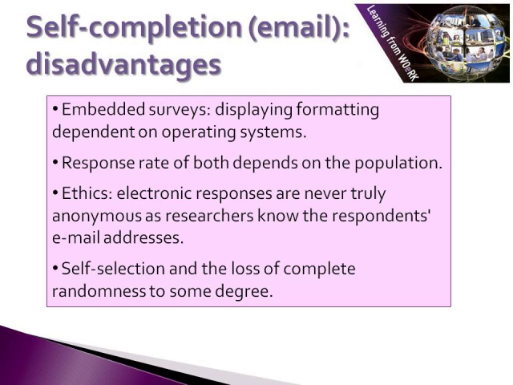Electronic responses are never truly anonymous, particularly with email surveys, as the respondents' email addresses are known. Again, we're dealing with the issue of self-selection. If people choose to take part or not, then you lose the ideal of randomness to some degree.